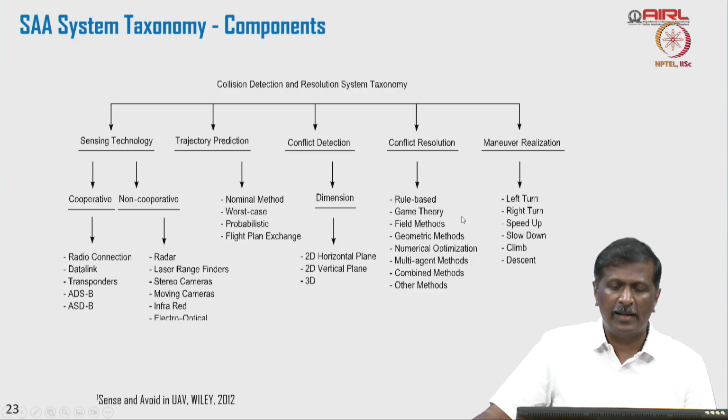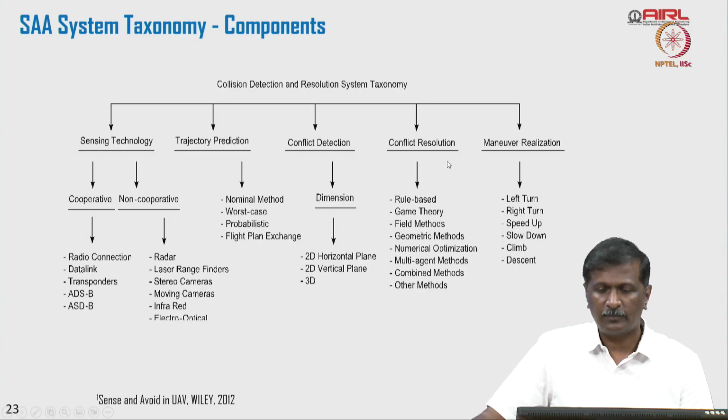Once you detect the conflicts, then you have to go into the conflict resolution part. Basically, you can use rule-based, game theory, field methods, geometric methods, or numerical optimization. If multiple targets are present, instead of handling them one at a time, you can handle them simultaneously using a multi-agent solution, or you can use a combination of methods to generate your resolution.